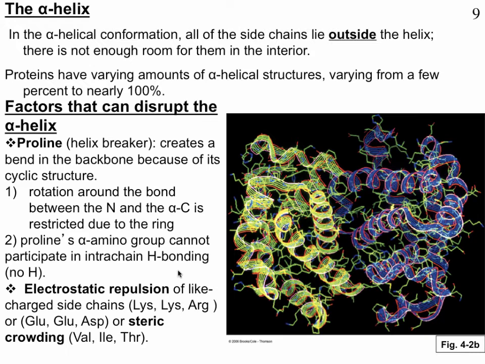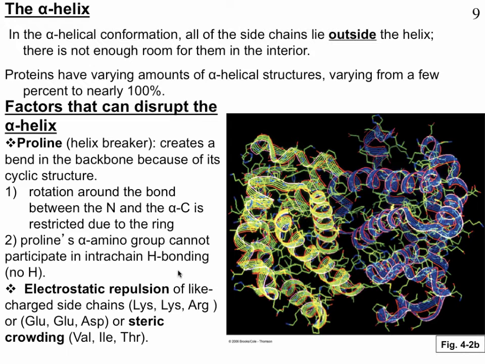Okay, so proteins have varying amounts of the alpha helix, and it varies from just a few percent to none to 100%. And there are a number of factors that can disrupt the alpha helix. One of them is proline. If there's a proline in a sequence, this is a helix breaker. It actually creates a bend in the backbone because of its cyclic structure.